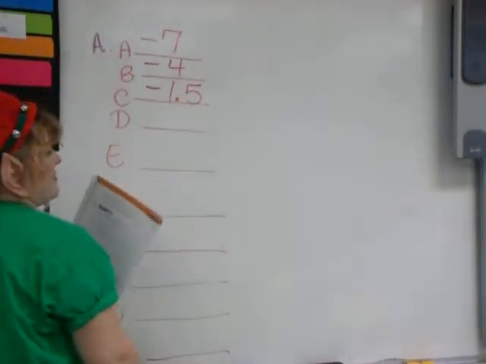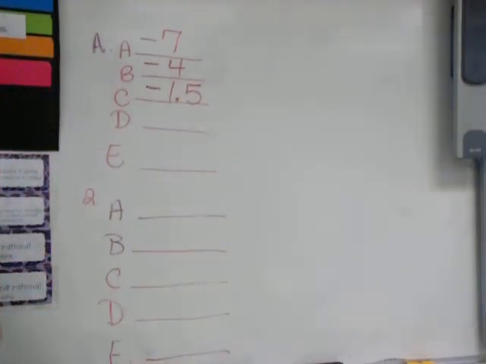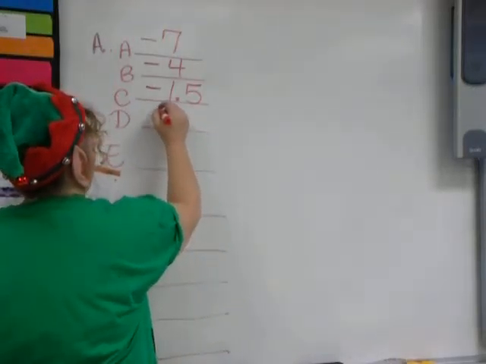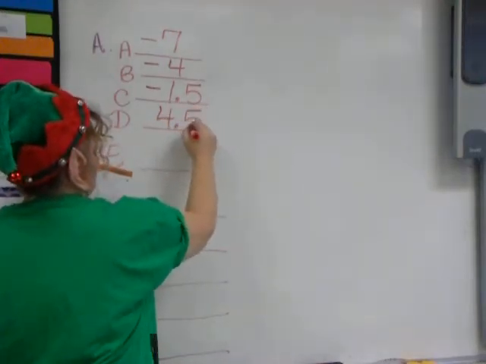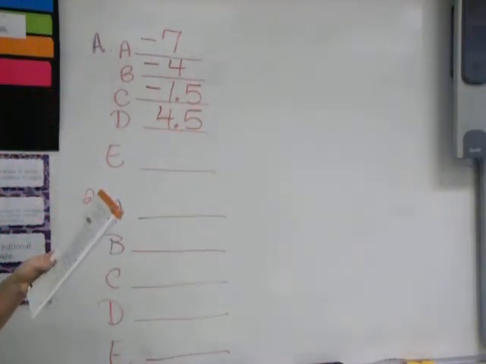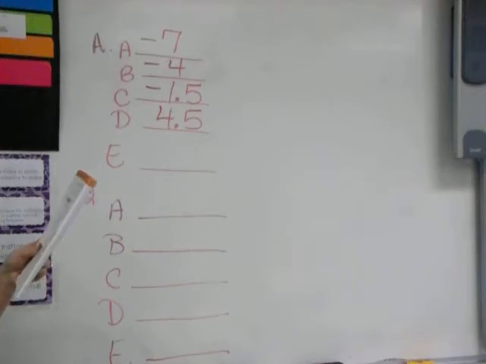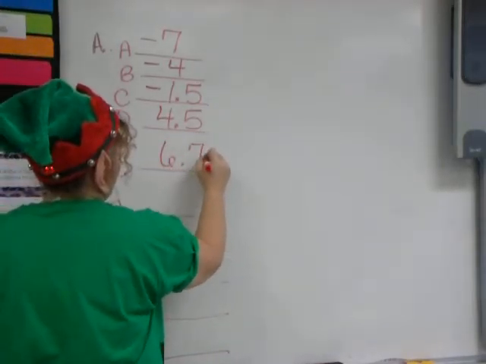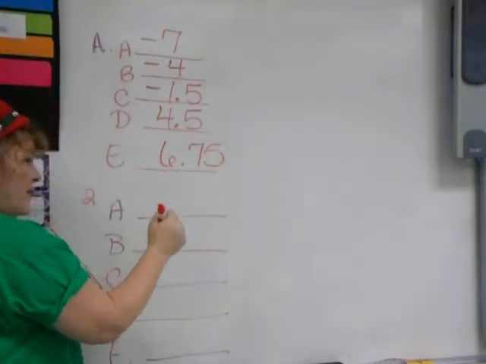Very good. D is on +4.5. And E is about 6 3/4 positive.